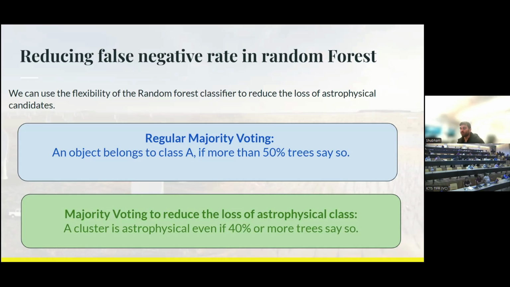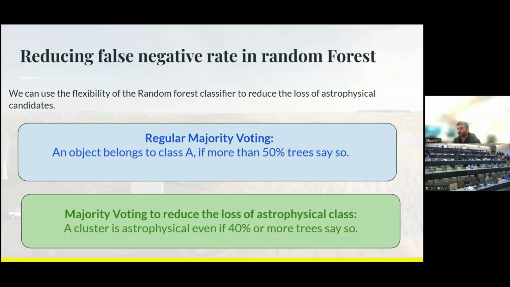So you can tweak the voting step. A regular voting will say that any cluster will be astrophysical if more than 50% of the decision trees say so. Now you can tweak this to say that a cluster can be identified as astrophysical even if more than 40% of the trees agree.